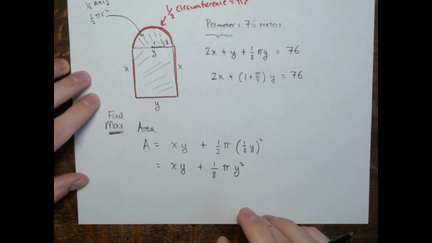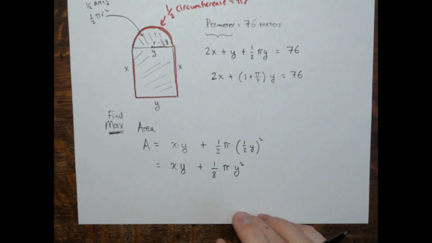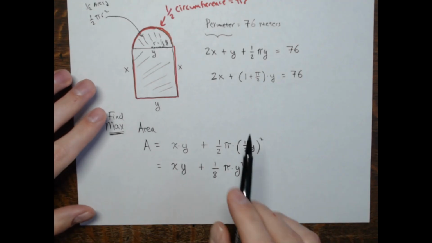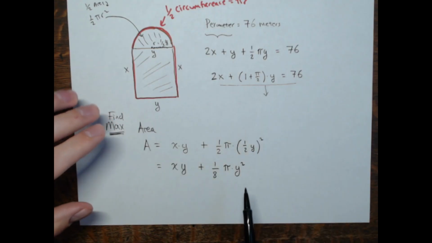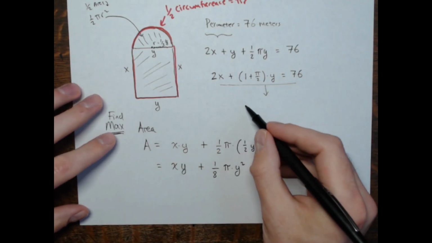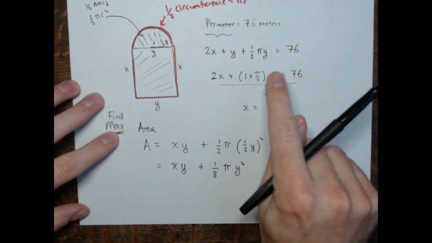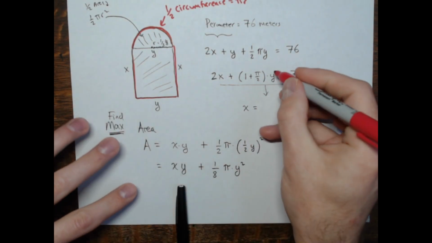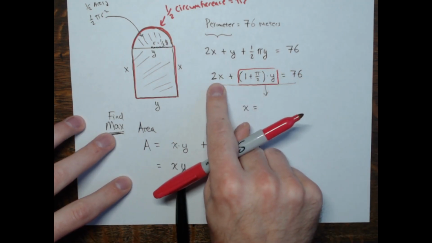What I would like is for it to be just in terms of one variable. So I'm going to take my condition here and solve for one of the variables. I think the easier one to solve for would be x this time. You'd subtract this term and then multiply everything by a half.